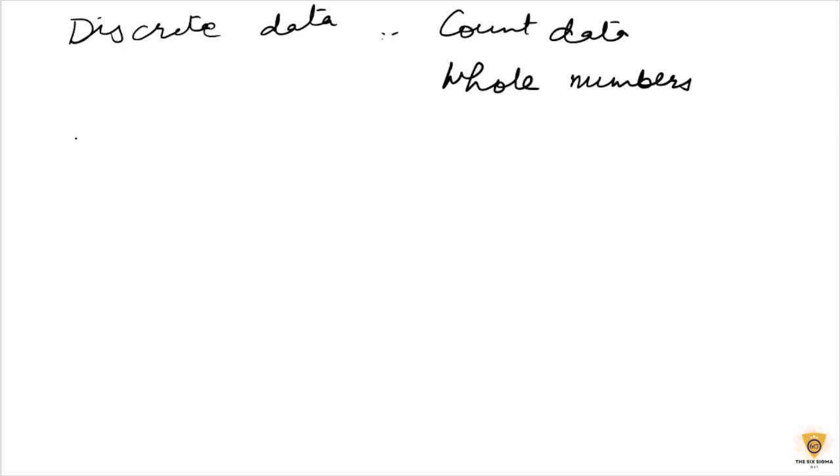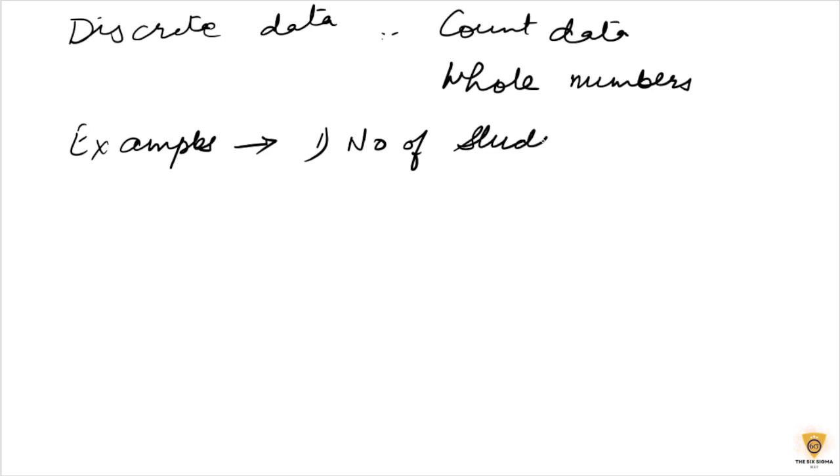अब इसके examples भी हम कुछ cover कर लेते हैं, right. Examples of discrete data: number of students in a school. So this is example of discrete data.